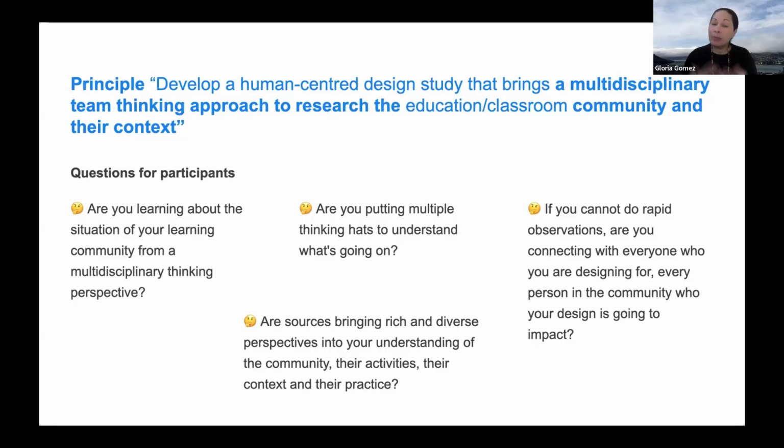Are sources bringing rich and diverse perspectives into your understanding of the community, their activities, their content, their context, and their practice? If you cannot do rapid observations, are you connecting with everyone who you are designing for or with, every person in the community who your design is going to impact?